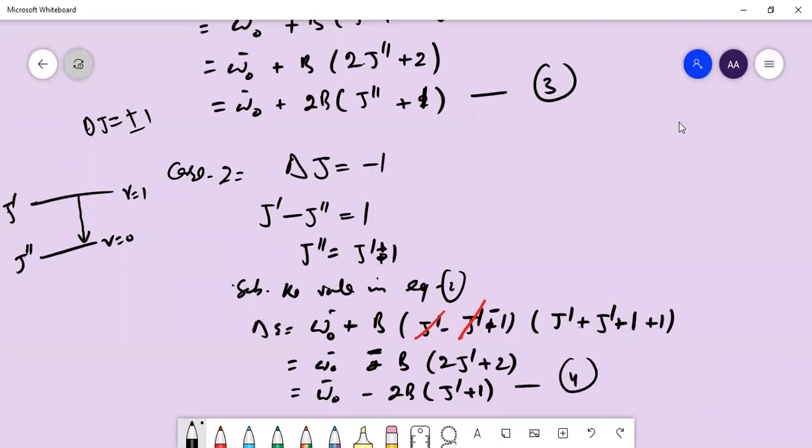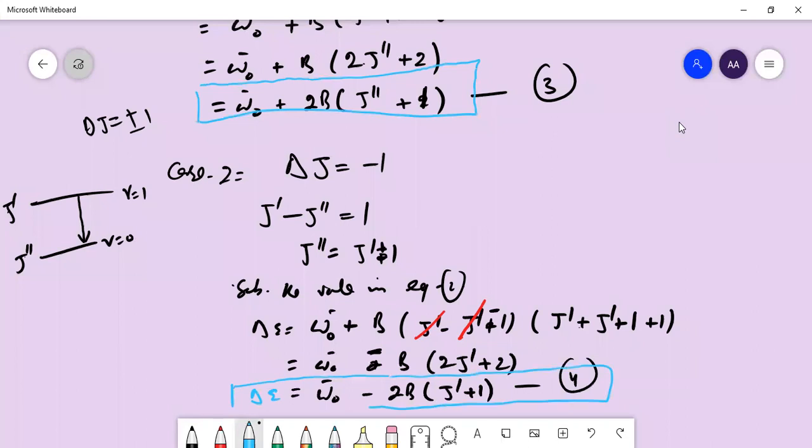So we have two equations. One is delta E equal to omega naught bar plus 2B (J double dash plus 1), and the second equation is delta E equal to omega naught bar minus 2B (J dash plus 1).